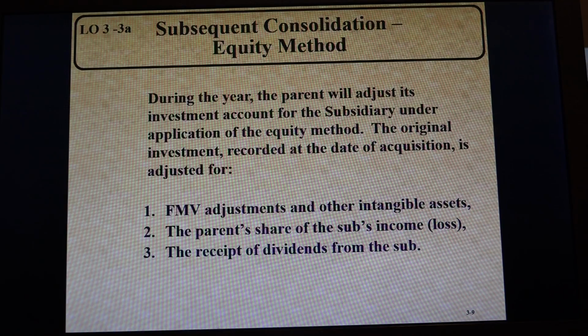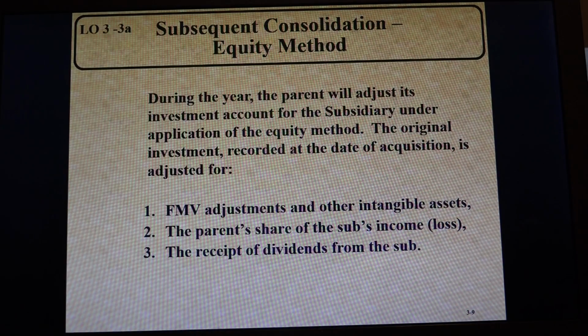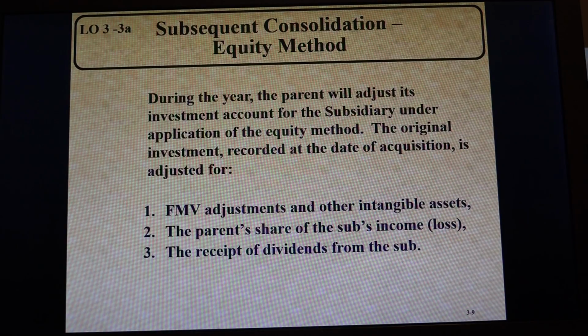using the equity method, what we're going to adjust is the investment account for the subsidiary. And so the original investment recorded at the date of acquisition is adjusted for fair market value adjustments and other intangible assets. What they're talking about there is when you have the excess fair value, you've got to amortize that over its remaining useful life.